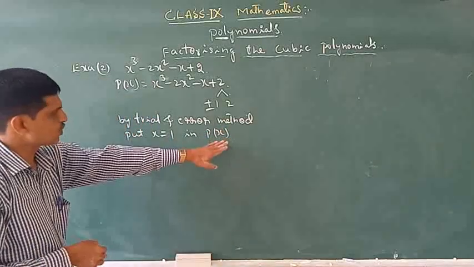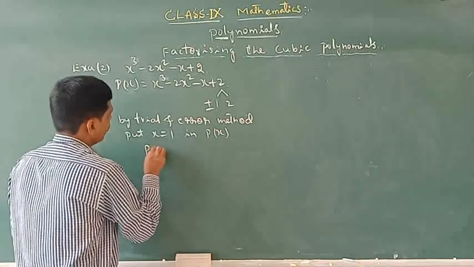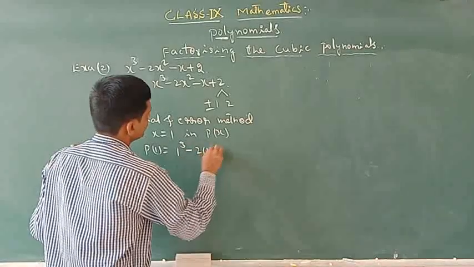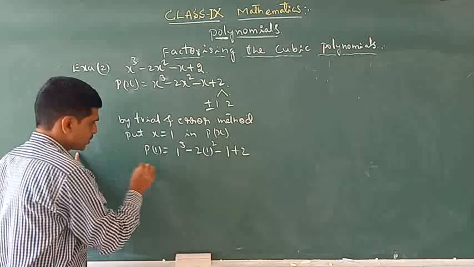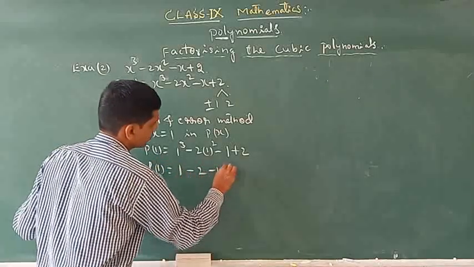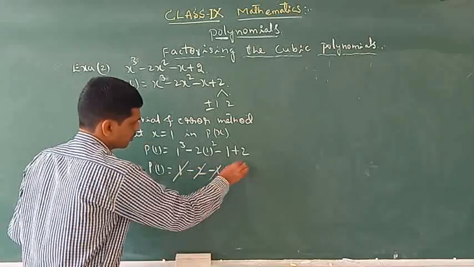If p of x is equal to 0, then continue the process. So p of 1 is equal to 1 cube minus 2 into 1 square minus 1 plus 2. Therefore p of 1 is equal to 1 minus 2 minus 1 plus 2, where minus 2 and plus 2 cancel.